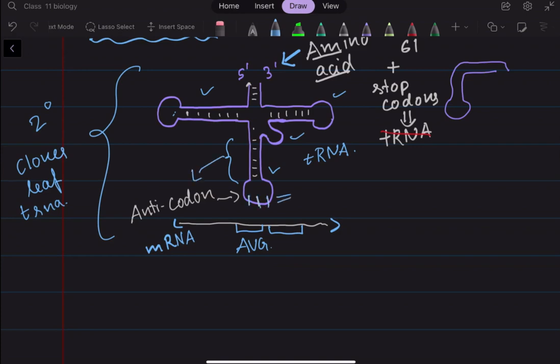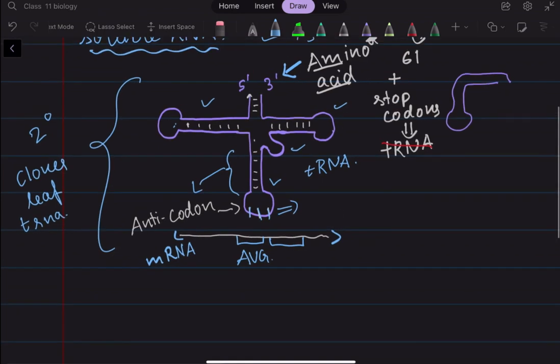By looking at the anticodon, we can identify which amino acid it is assigned for. For example, here there is AUG, and the corresponding anticodon will be UAC.